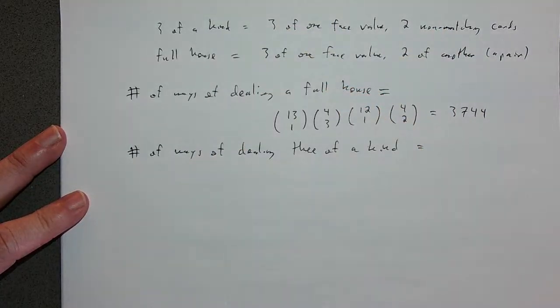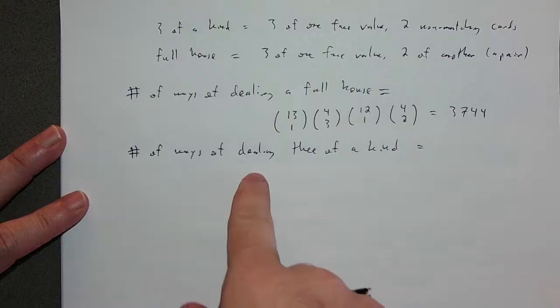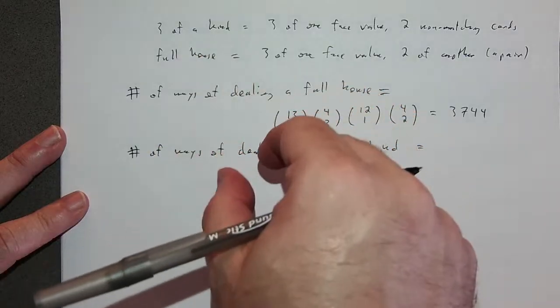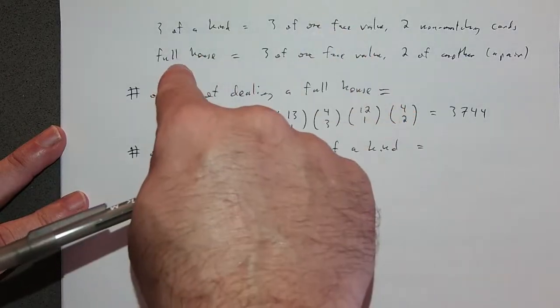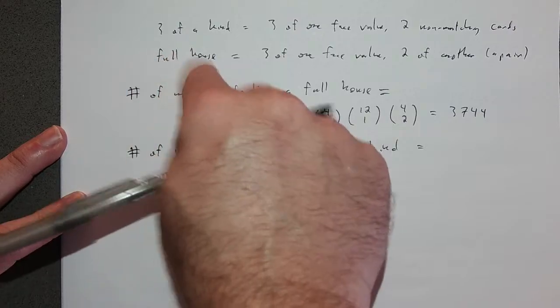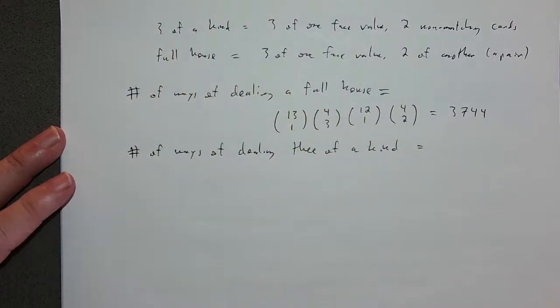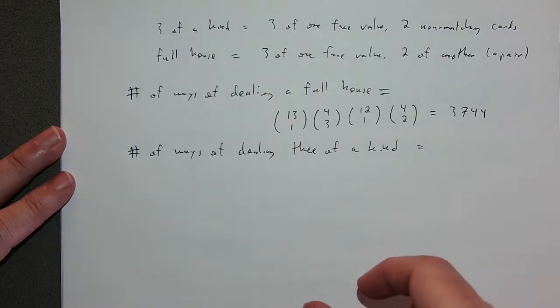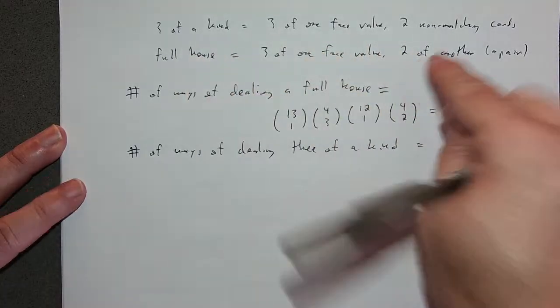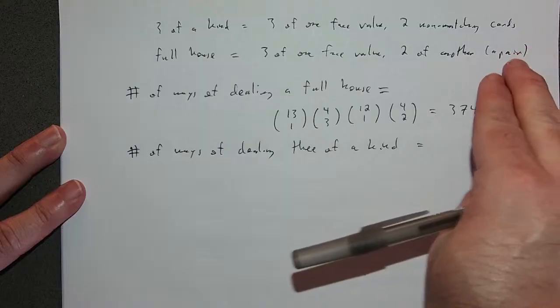So really, that's just the number of ways of dealing exactly 3 cards match, subtracting out the number of full houses. So you landed in the case where 3 cards have the same face value, but you're not in the case that the remaining 2 cards are a pair.